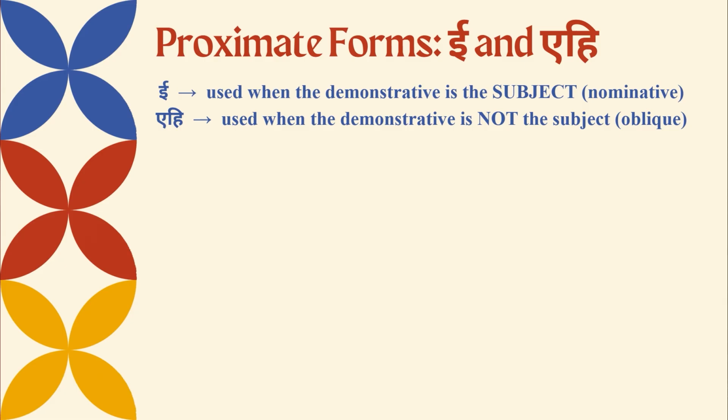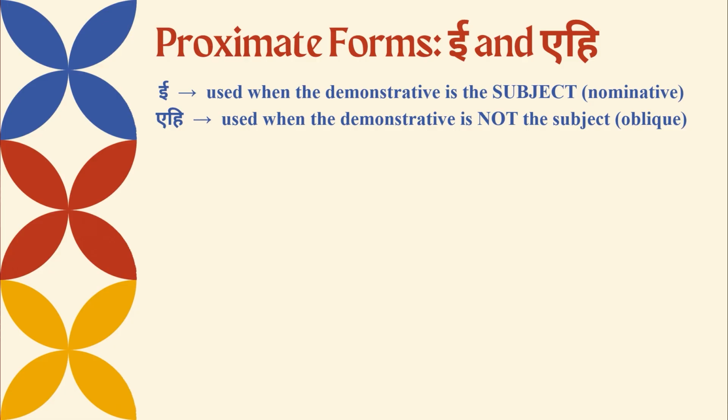So in the conversation again, we noticed that the proximate forms are E and sometimes AE as well. So E is used when the demonstrative is the subject and has the nominative case, as we usually say in grammatical terms, and AE is used when the demonstrative is not the subject.